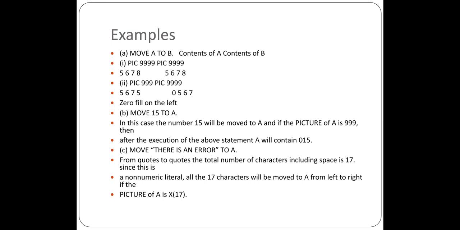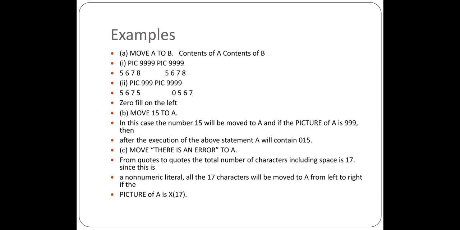So these are some of the examples that we have related to the data movement verb. So students, you have to keep in mind that while using the data movement verb, we must know how to use it. And we have various types of data movement, like numeric data transfer, alphabetic data transfer, and alphanumeric data transfer.